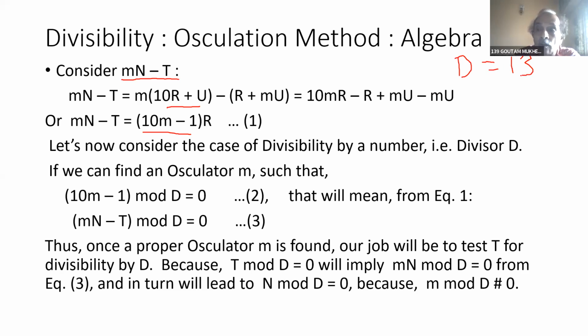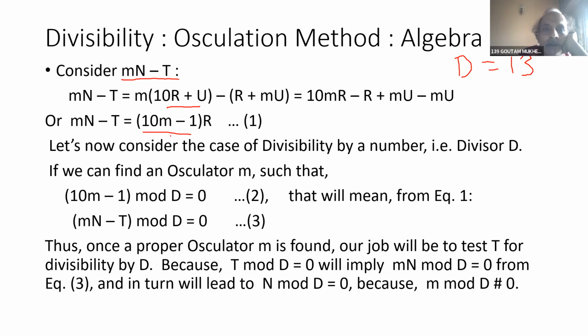Understood? Now, what is the multiplier? You keep multiplying 13 with different numbers. I found that in one case, it will be just ending in 9. Ending in 9. Basically, it means that 10m minus 1 is divisible.